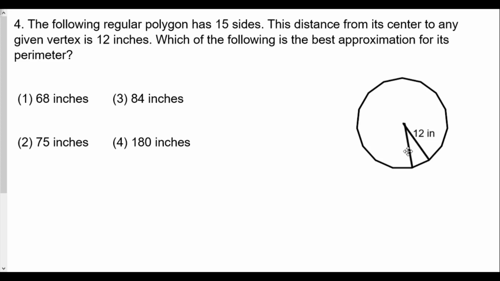Now, because the radii should be the same measure, this triangle will look something like this. It will have a measurement of 12 on one side, 12 on the other side, and 12 on this side.